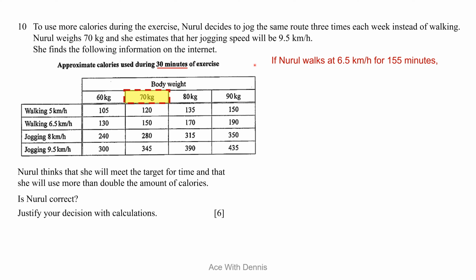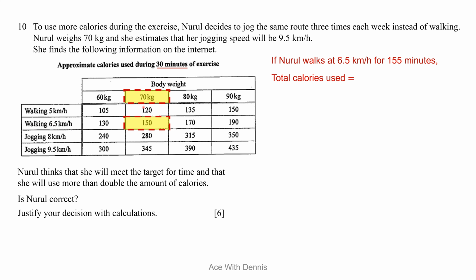Now, the first thing we need to do is find how much is the calorie that Nurul will use if she walks at 6.5 kilometers per hour for 155 minutes. So we will look for this information where the walking speed is 6.5 kilometers per hour.